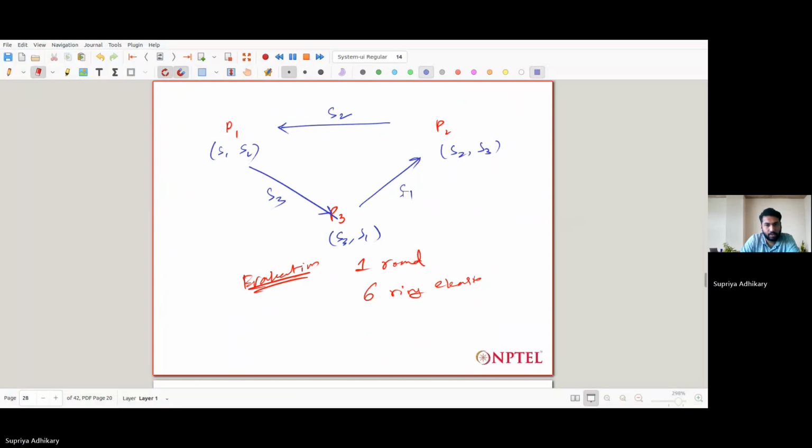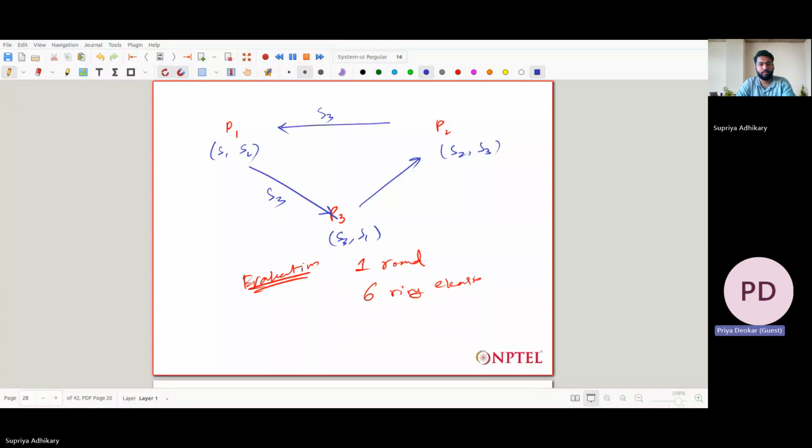Sorry, this has to be S3. P1 sends S2 to P3, and S1 is sent to P2.